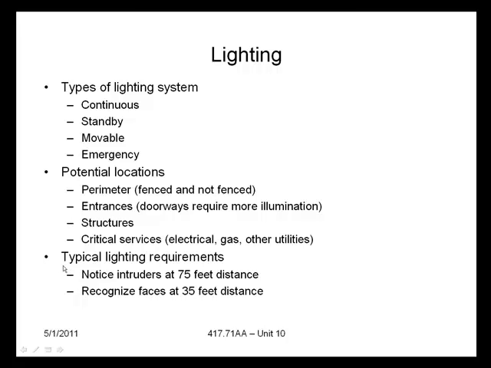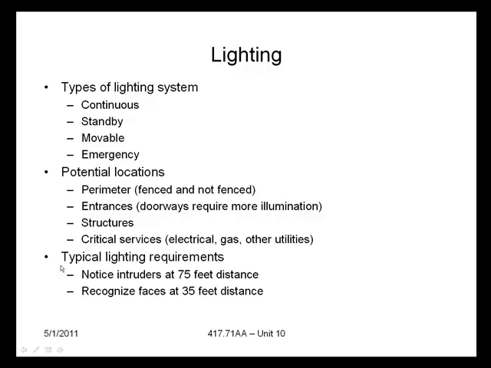Potential locations for lights include the perimeter, fenced and not fenced entrances. Doorways require more illumination. Structures, and then if you have critical infrastructure on your site separate from the main building, things like a small electrical substation, a transformer, gas, other sorts of utilities, you may want to ensure those are fully lit as well for security purposes.